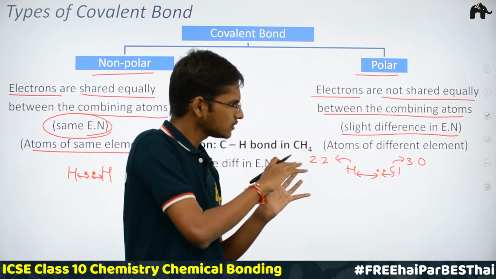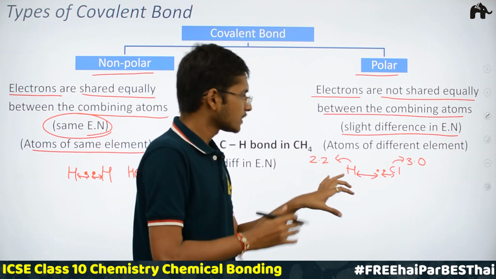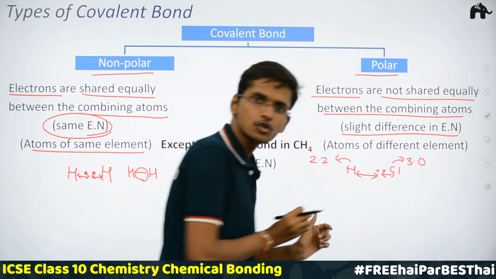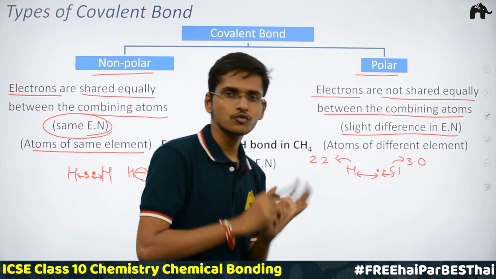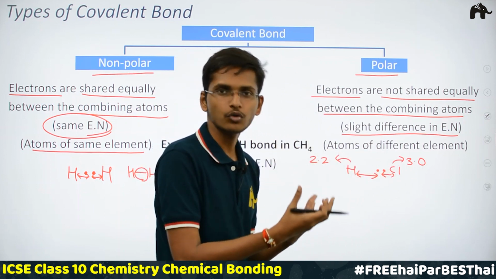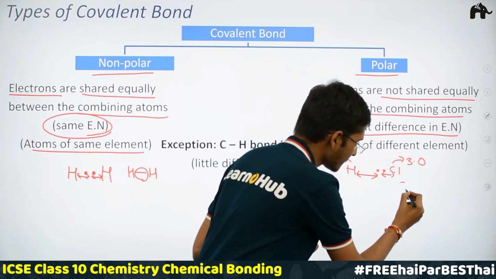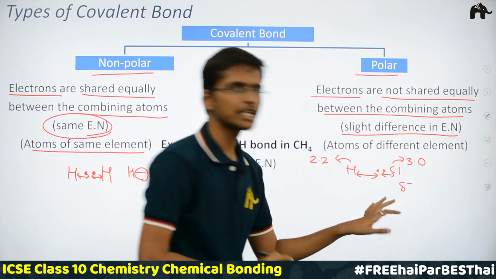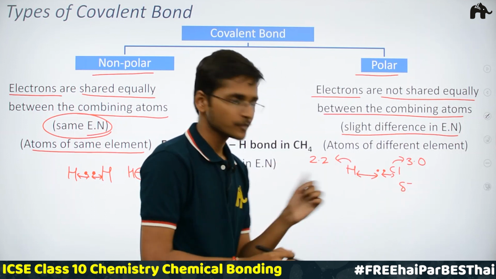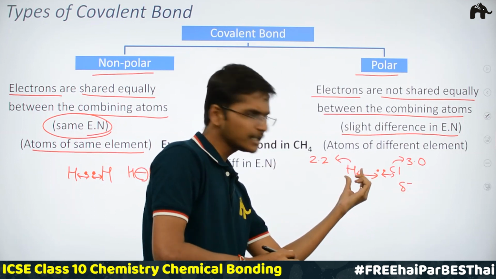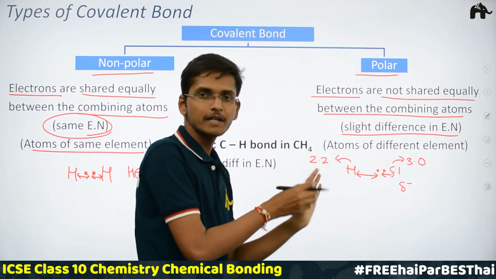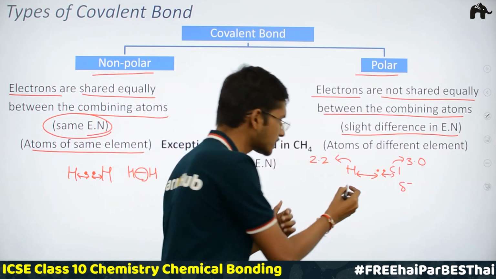Now let's build this concept further. Since the electrons are closer towards the chlorine, the negative charge around the chlorine is slightly more. So this chlorine starts to develop a slight negative charge. Slight I have represented with delta, negative charge. And now since the electrons are slightly away from the hydrogen atom, it would now be developing a slight positive charge, right?